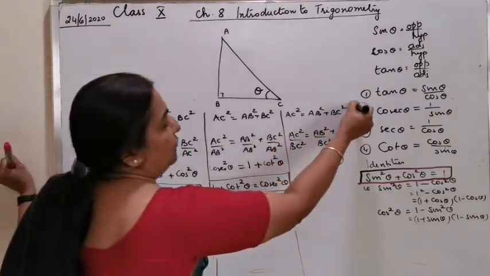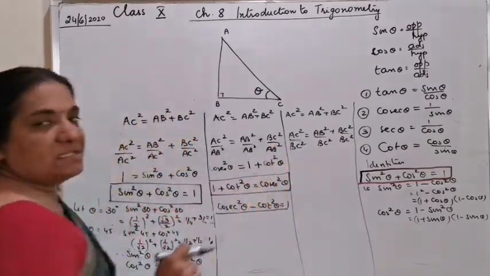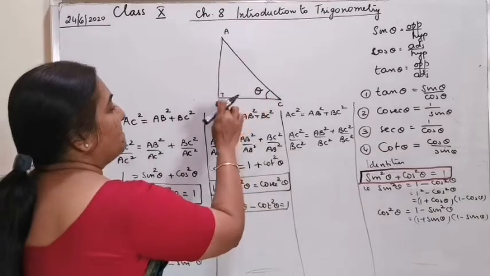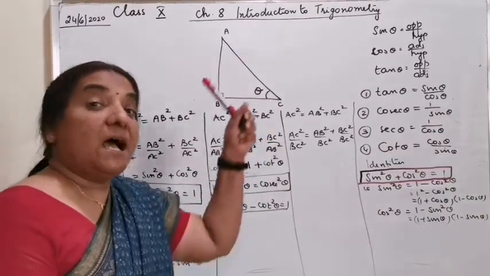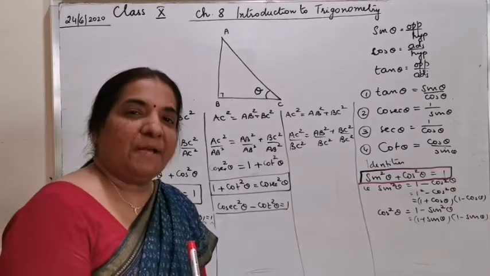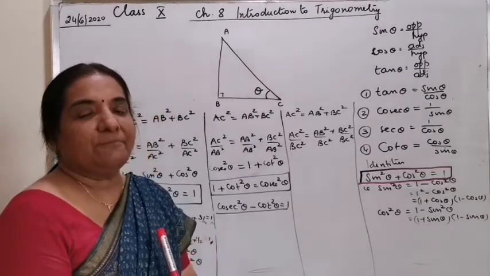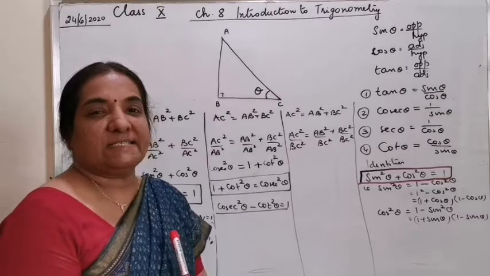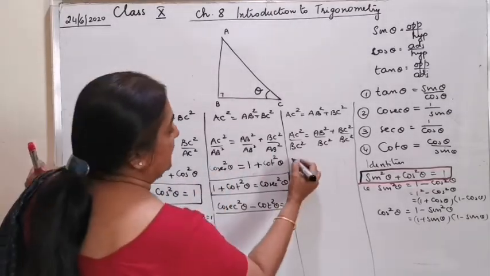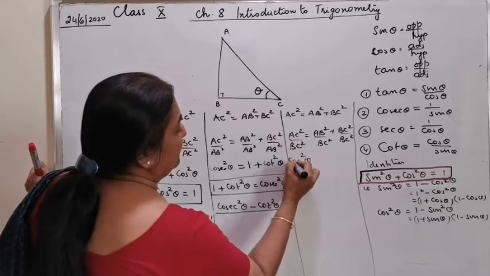Now give the ratio for theta in these values. AC square by BC square, that means hypotenuse by adjacent side. Adjacent by hypotenuse is cos theta. Reciprocal of cos theta is sec theta. If you look into this, the next identity takes a similar form.